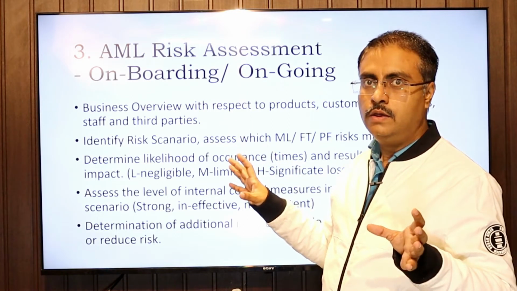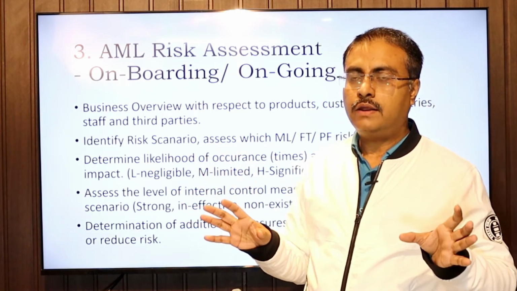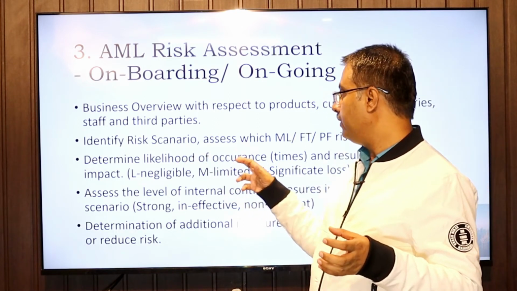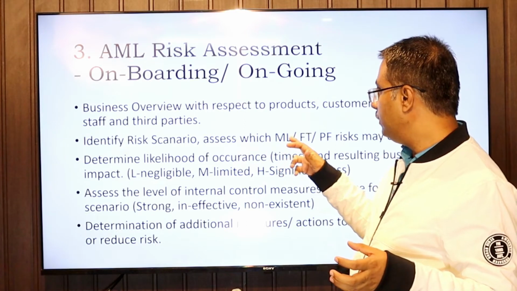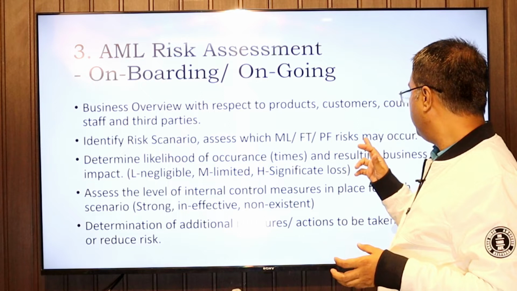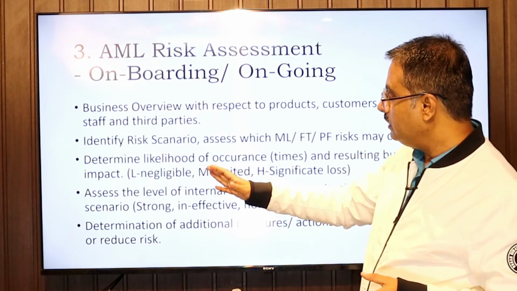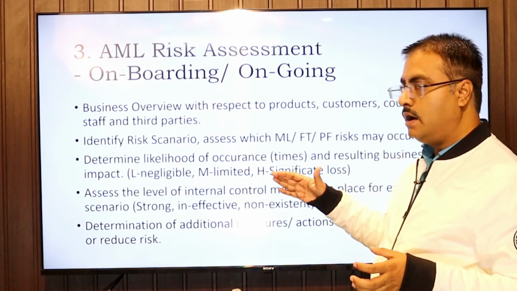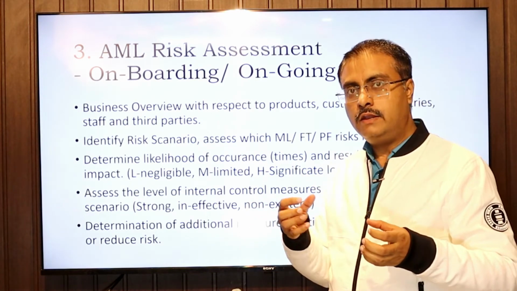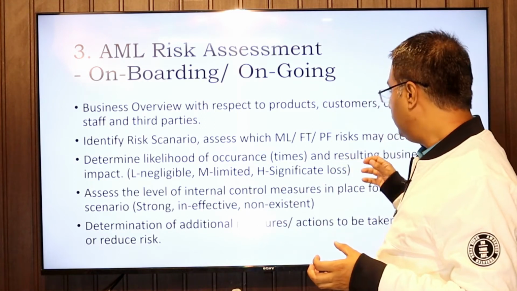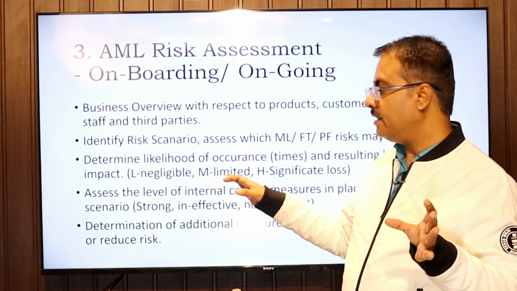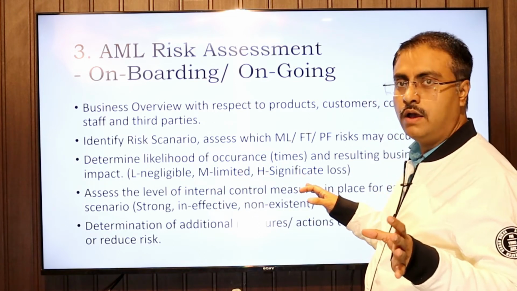This is the overall duty of the AML Compliance Officer: to overview the business, identify the risk scenario, and assess which money laundering and financial transaction, proliferation fund risks may be concerned. So determine the likelihood of occurrence, how much you find that this risk will be involved, and the resulting business impact, whether it is negligible, limited risk or significant loss to the entity.